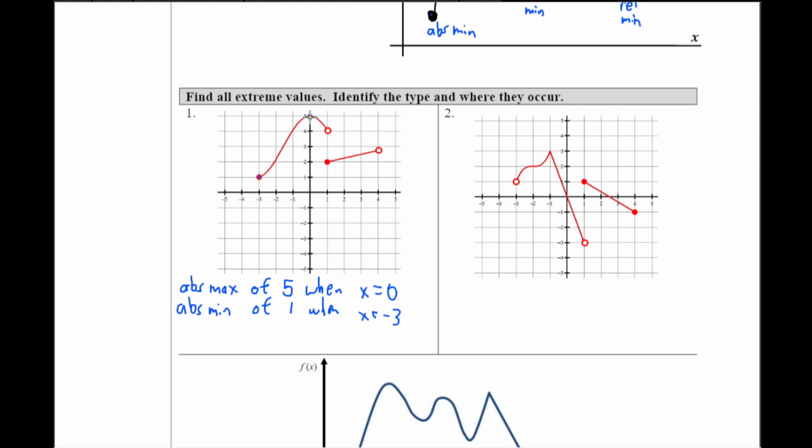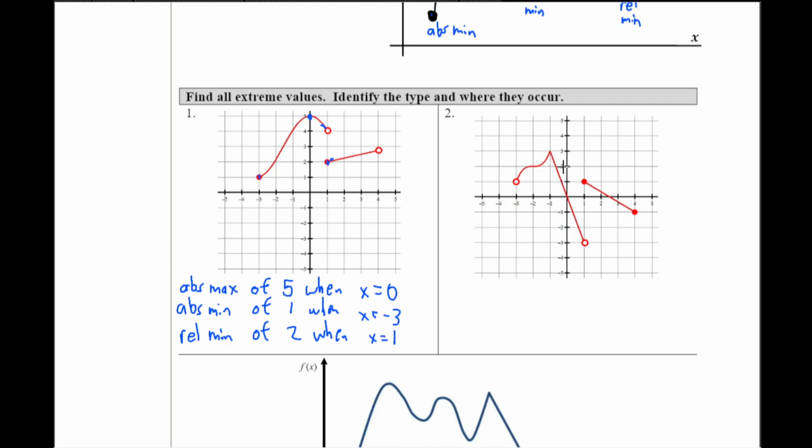This is also technically a relative maximum because it's higher than the points nearby, but it's already the absolute max, so we don't need to write a relative max there. Let's see about relative min. This point right here would be the relative min because this value is lower than the points nearby it. This is the lowest of the points directly to the left and right of it. So relative min, and that's a y value of 2 when x is equal to +1.